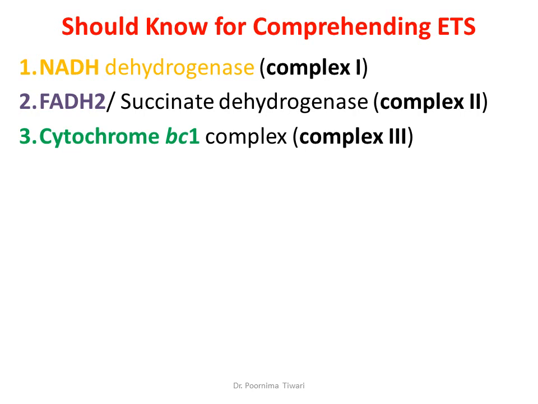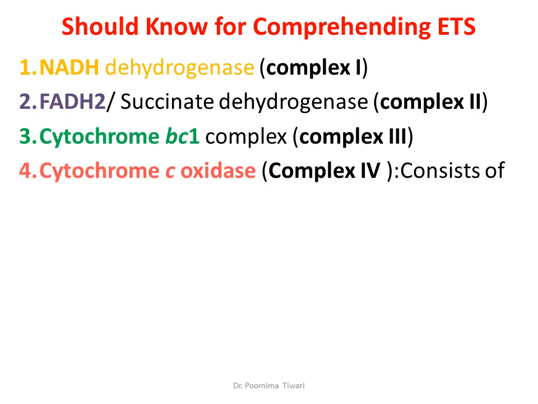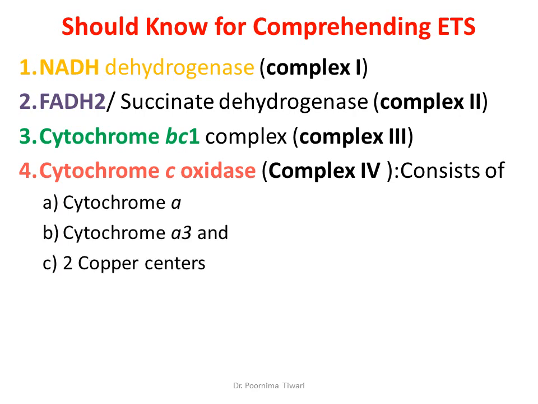Complex 3 is cytochrome BC1 complex, and complex 4 is cytochrome C oxidase, which consists of 4 parts: cytochrome A, cytochrome A3 and 2 copper centers. Complex 5 is ATP synthetase.